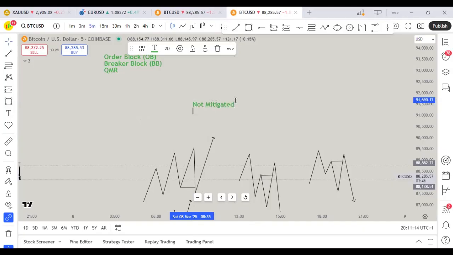Second, close to liquidity. And the third rule.